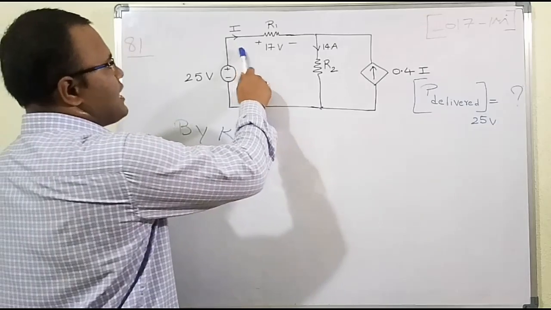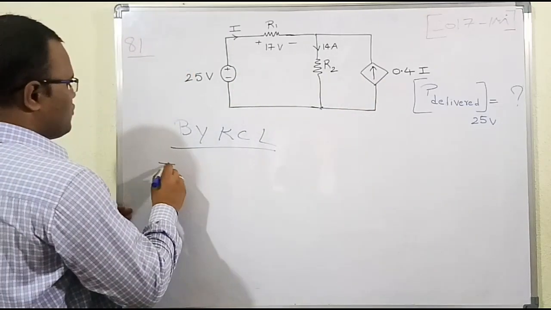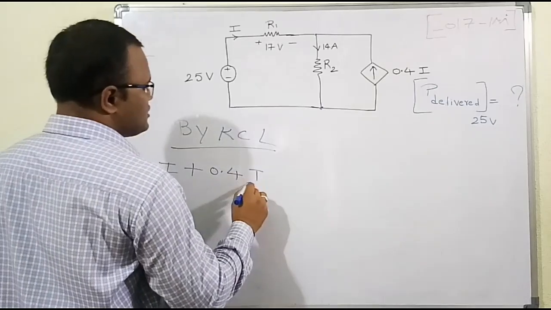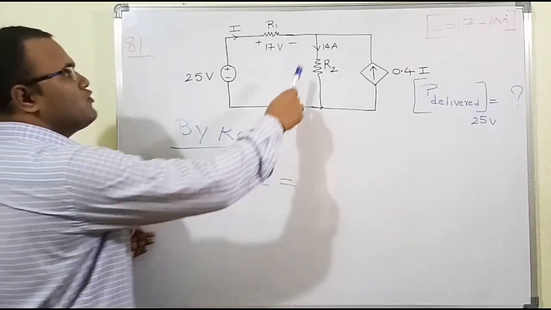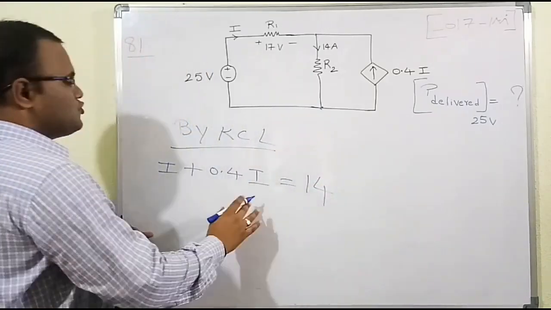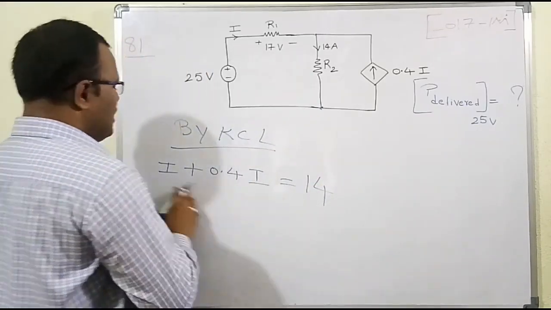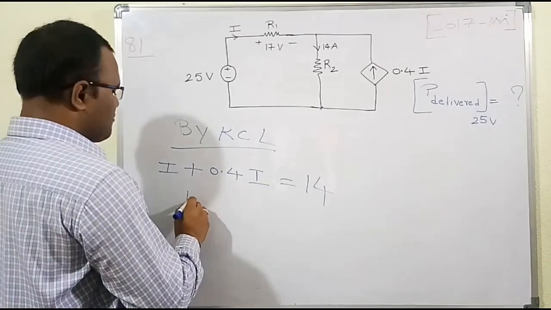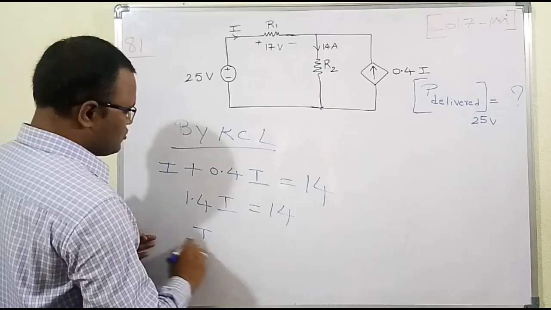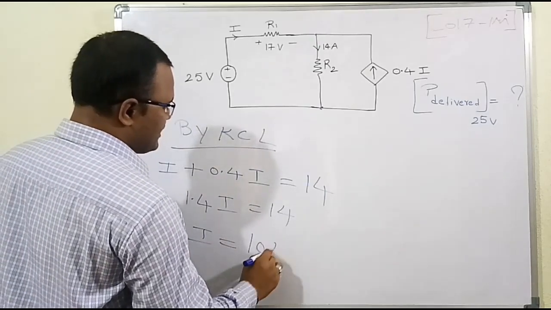So I plus 0.4 I is equal to 14. If you solve this equation, 1.4 I is equal to 14, so I is equal to 10 ampere.